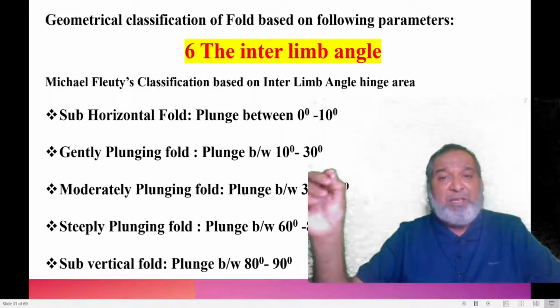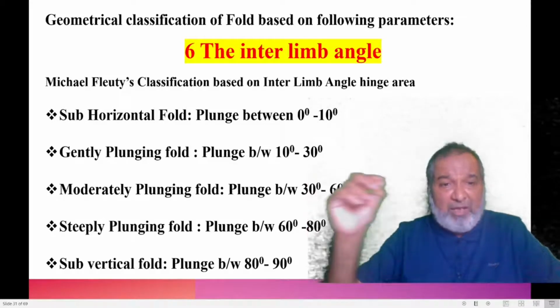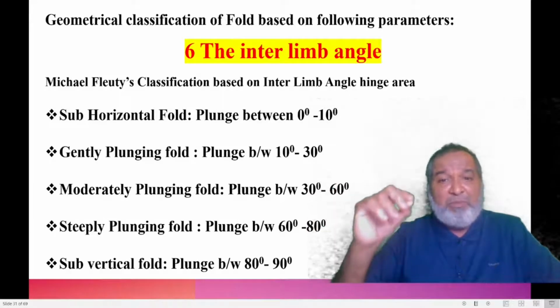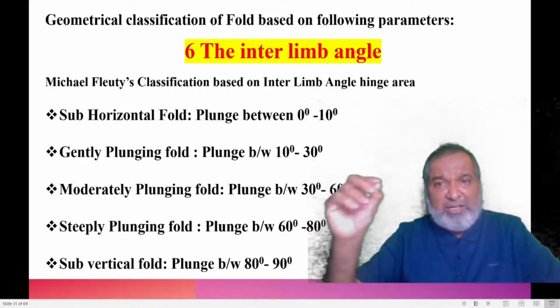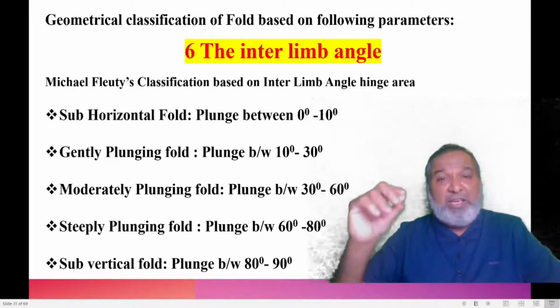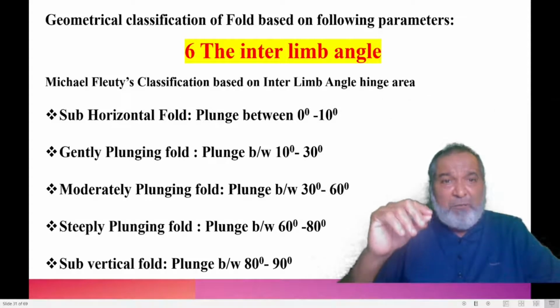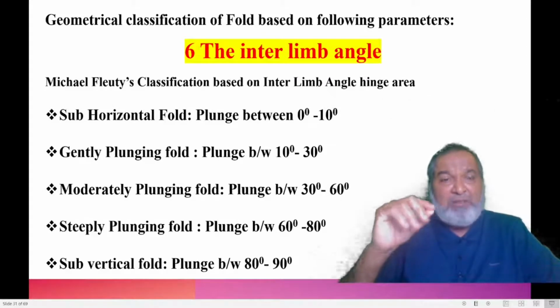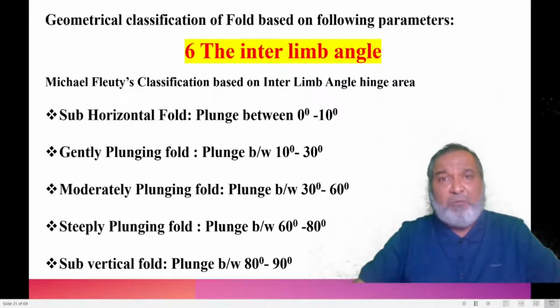Steeply plunging fold, between 60 and 80 degrees. And sub-vertical fold, the plunge is 80 to 90. So 0 to 10, 10 to 30, 30 to 60, 60 to 80, 80 to 90: sub-horizontal fold, gently plunging fold, moderately plunging fold, steeply plunging fold, and sub-vertical fold. And ultimately, at 90 degrees we have the vertical fold.